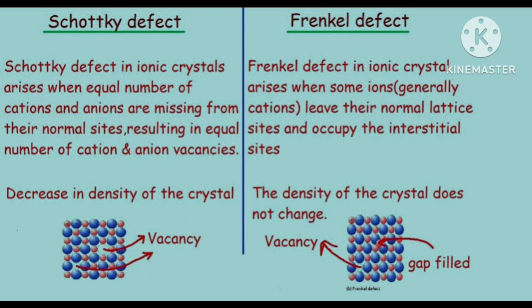Means in the place of the chloride ion, the electron went there. The anionic sites occupied by unpaired electrons are called F center. Only that point where the electron went is called F center.